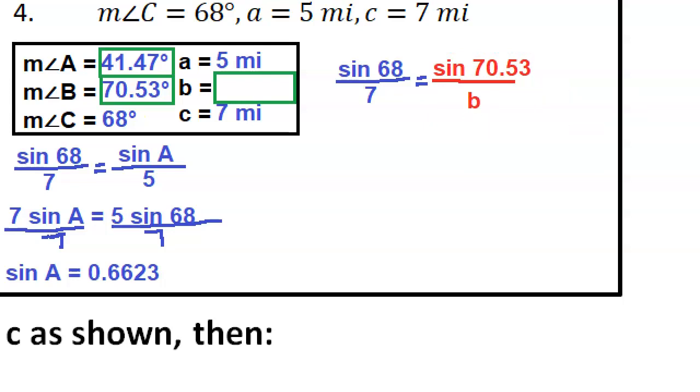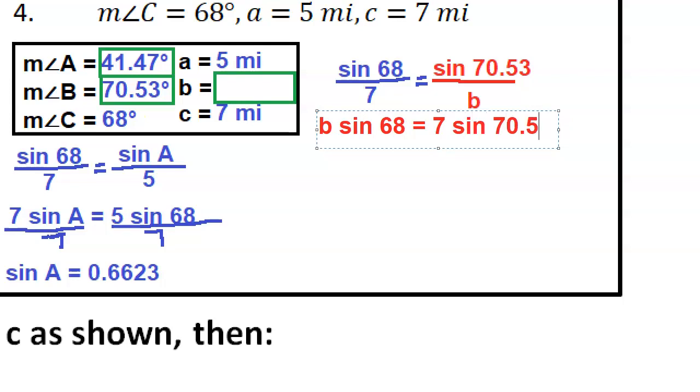All right, so then when we finish this thing up, we're going to get b times the sine of 68 equals 7 times the sine of 70.53. So again, just a little cross multiplying to wrap it up.